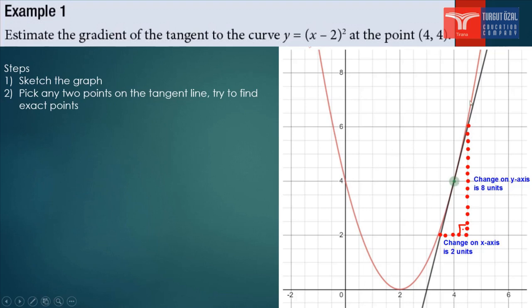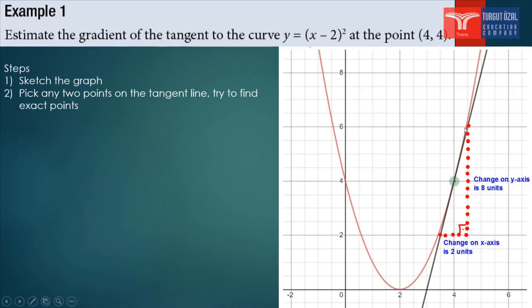We draw the tangent line in black. Then we pick any 2 points on the tangent line around the point (4, 4). We can take any 2 points, but we try to find exact points, like I have taken here and here. I could also take any other 2 points here and here, but I try to use exact values.